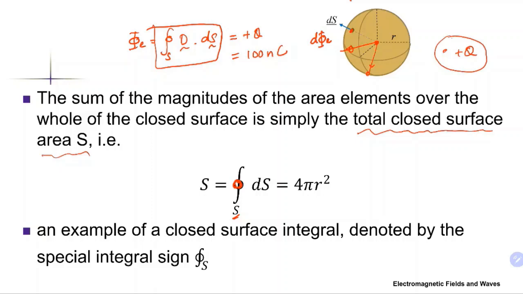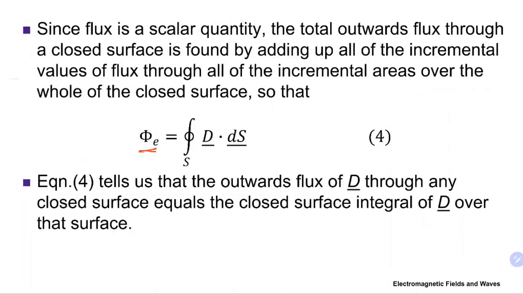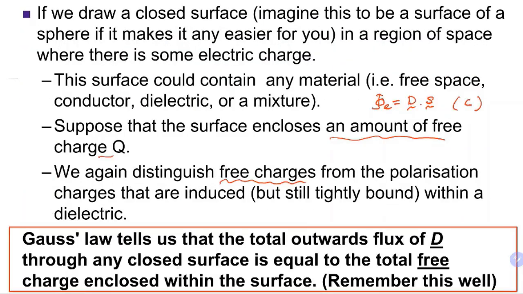Just now it was inside. Gauss' law tells us that the outward flux of D through any closed surface is equal to the total free charge enclosed inside the surface. Enclosed inside. So now the charge is outside.